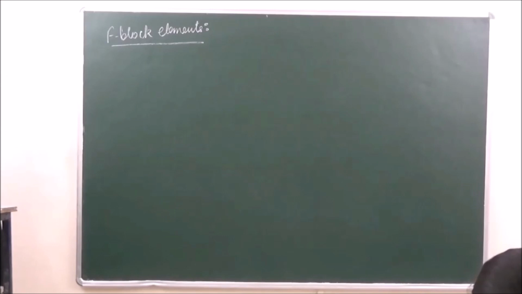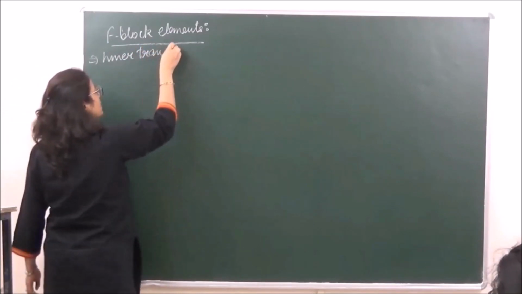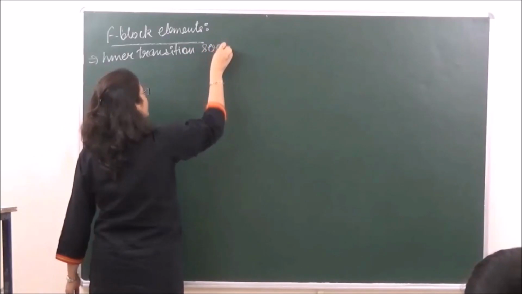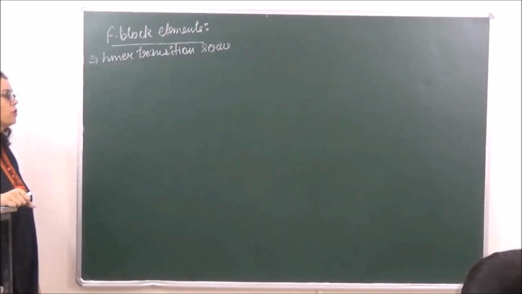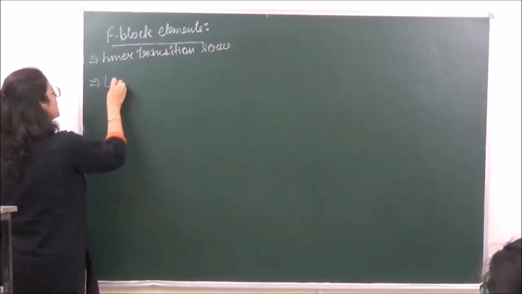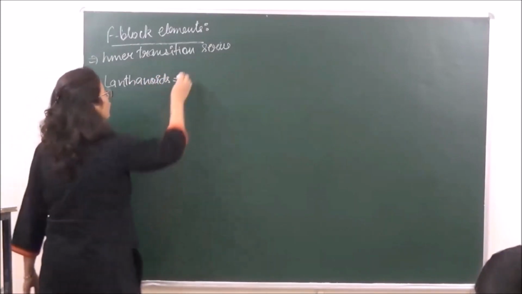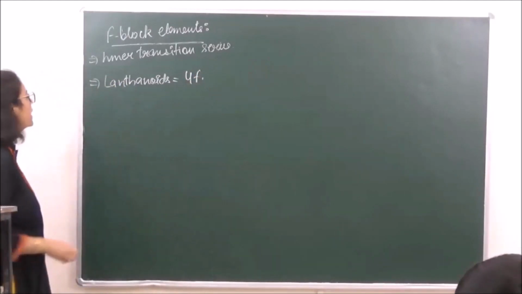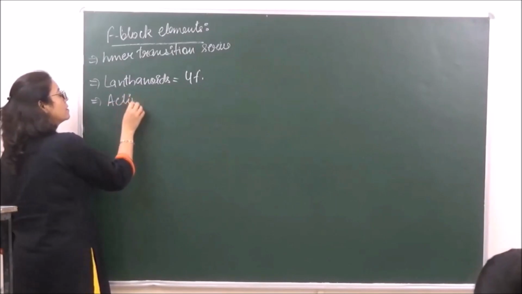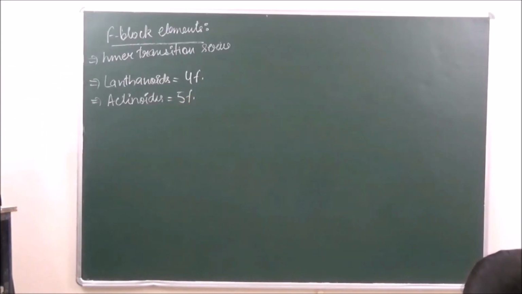F block elements are also known as inner transition series, and we have already studied that the F block elements are placed at the bottom of the periodic table in two different series, one which is known as the lanthanoids, in which we progressively fill up the 4f, and the second one is actinoids, in which we fill up 5f. Right? 4f and 5f.